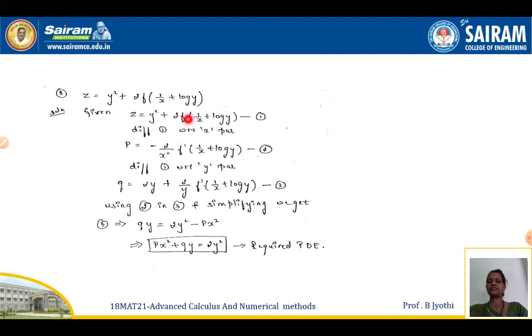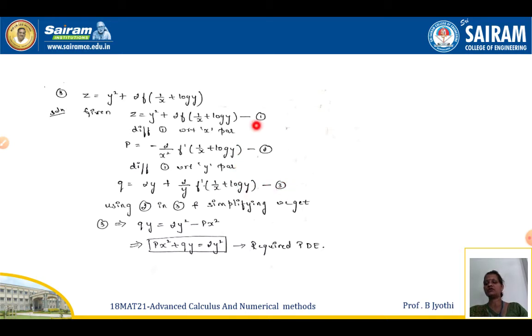Now let us differentiate this first equation with respect to y. We get it as 2y plus 2 times f dash of this function into the derivative of 1 by x plus log y, where log y derivative is 1 by y, which is multiplied here. So here we have equations 1, 2 and 3.